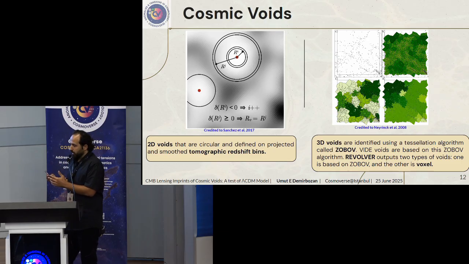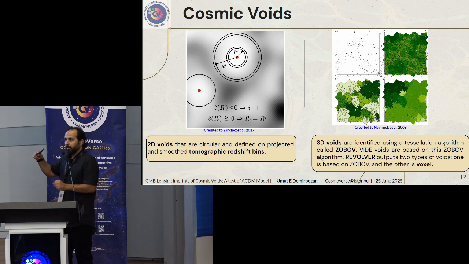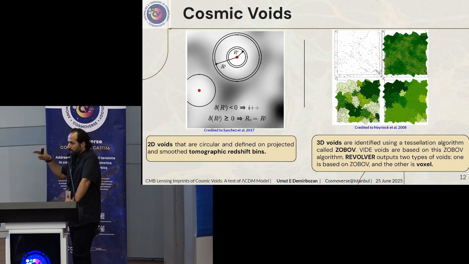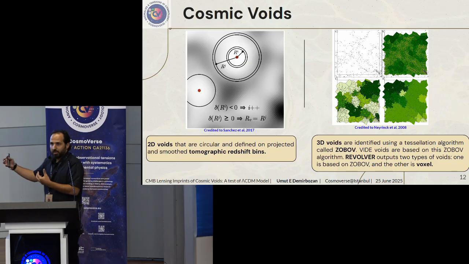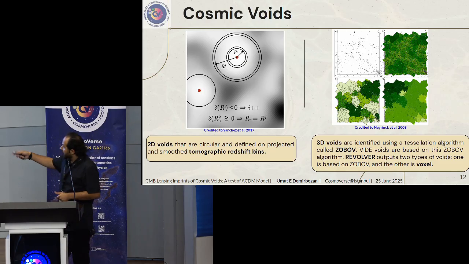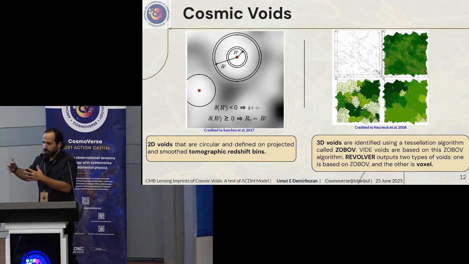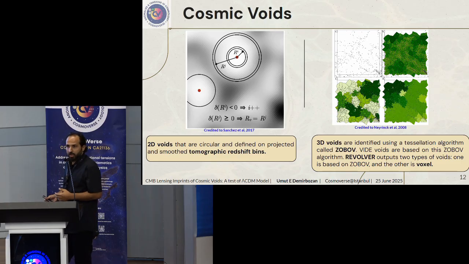Cells should get smaller, which means the density is increasing. And if the density is getting lower again, the cells become larger, and we stop at that point and define this strange-shaped three-dimensional void. Then we calculate something called the effective radius. We calculate the whole volume of this strangely shaped 3D object and make it a sphere. The volume should be equal to the sphere, and the radius of that sphere is the effective void radius.